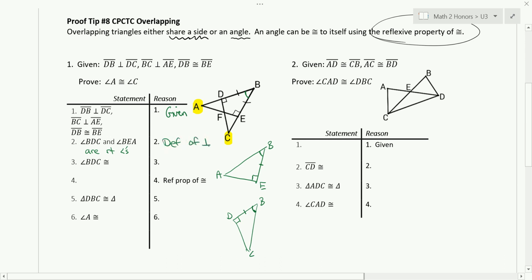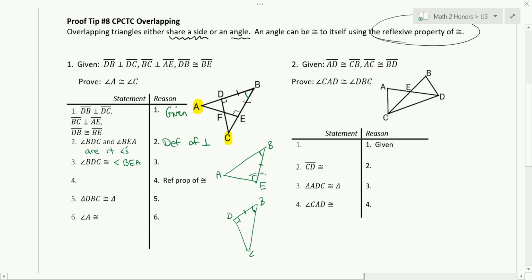Okay. 3's still not finished either. We got to finish that statement and then have a reason for it as well. Leah, how would we finish that statement? Angle BDC is going to be congruent to which angle? BEA. Good. And do you know why? And that's good. Looking back is fine.